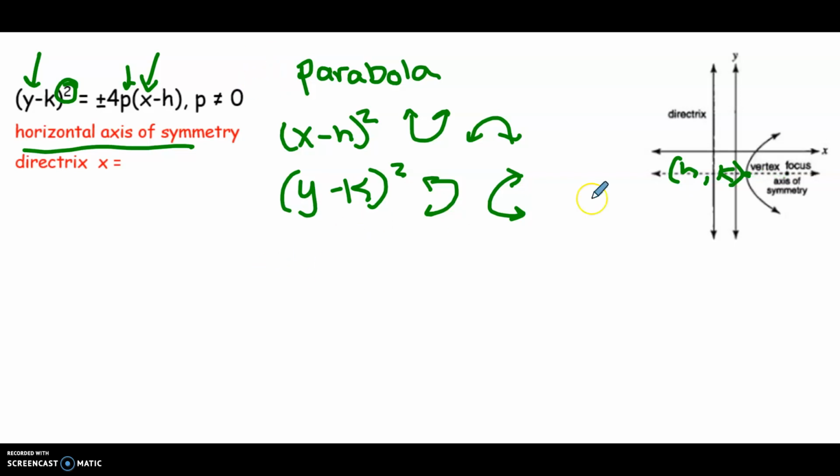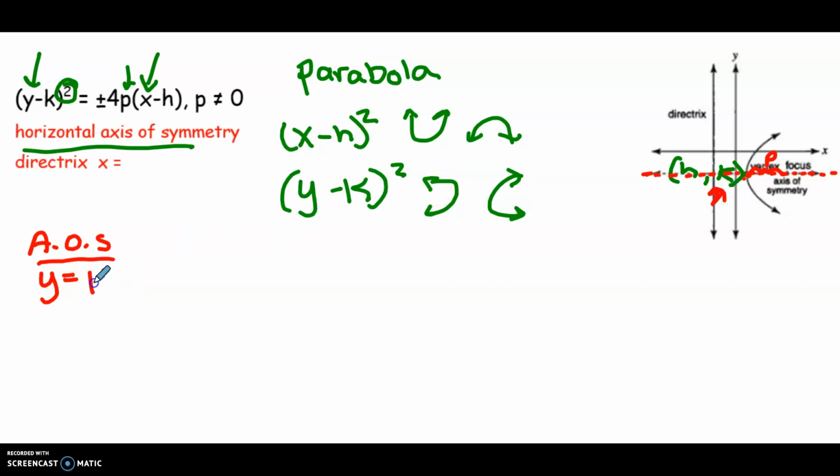The p value is still found from here to here. That's our p value. Regardless, if I have my axis of symmetry, and you see that red line divides it in half, I know my axis of symmetry here is going to be a y equals equation because it's a horizontal line. And what's the y value of that vertex?